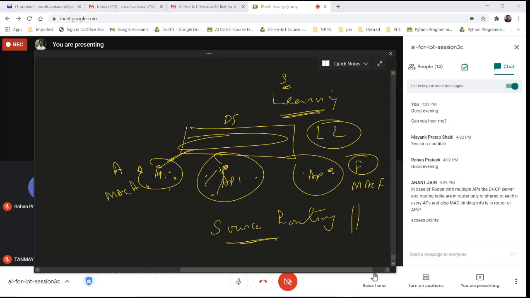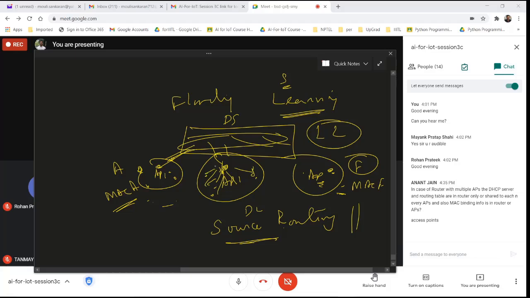So different APs. Now what happens is when this device is trying to communicate with F, it doesn't know whether that particular device is in this AP or not. Then flooding happens. This packet is sent to all the ports in the network. All of them receive it. The beauty of the data link layer is that if the packets are not addressed to them, they will drop the packet.